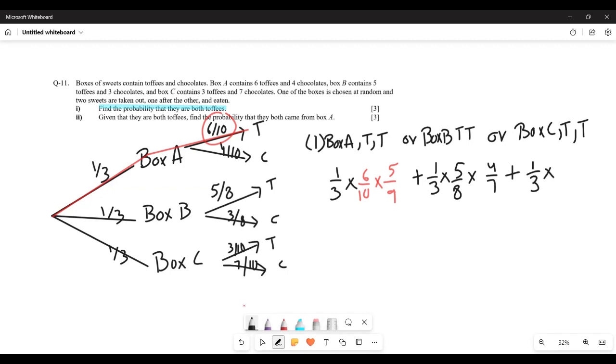The probability of getting a candy the first time is 3/10, and the probability of getting a candy again is 2/9. Find this product and sum. That comes out to be 53/210.